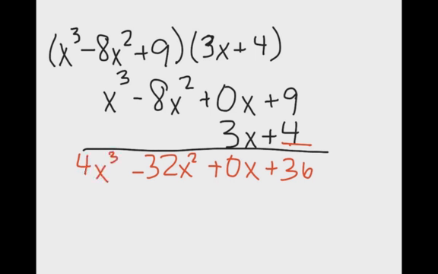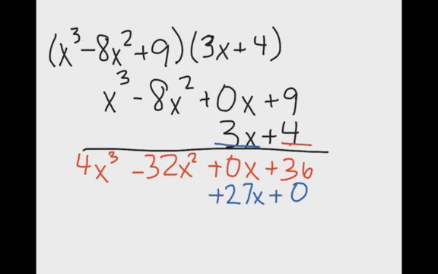And then we're going to do our 3x. Since we're moving over a place when we're multiplying, we're going to put a 0 there at the last spot. So 3x times 9 gives us 27x.